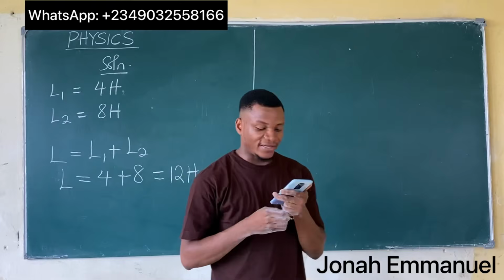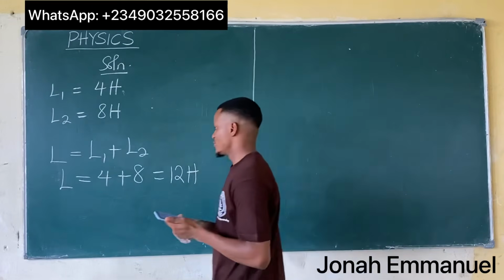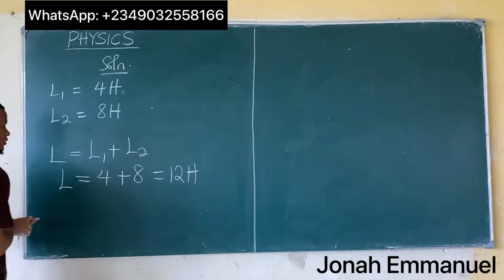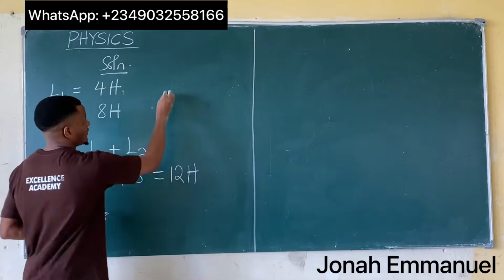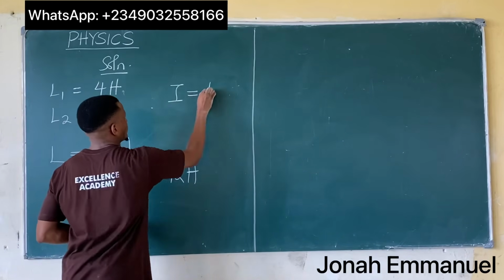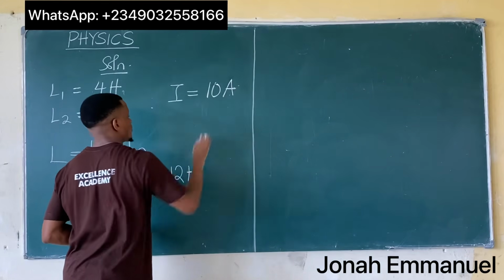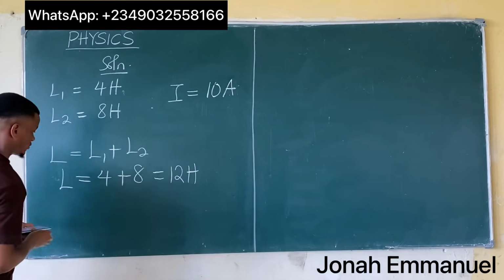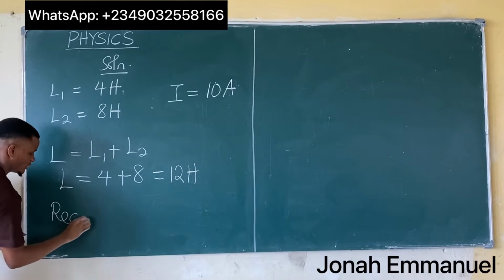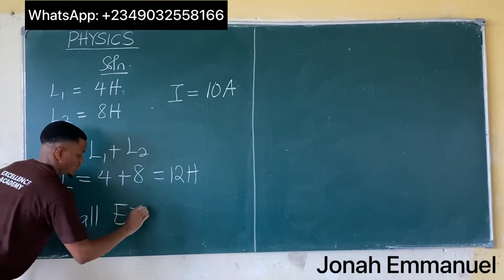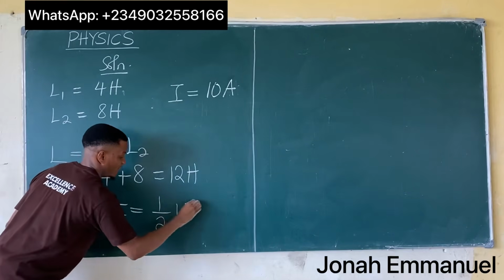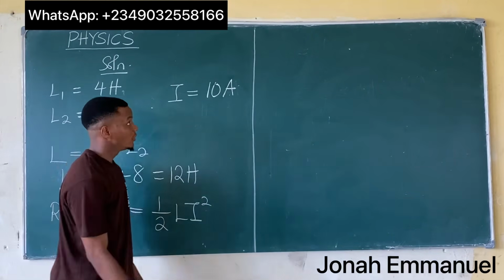Next exercise, you find the energy stored in them. So recall. Also we're given the current I as being equal to 10 amperes. So let's get this done. Recall that we said energy E is equal to half L I squared for an inductor.